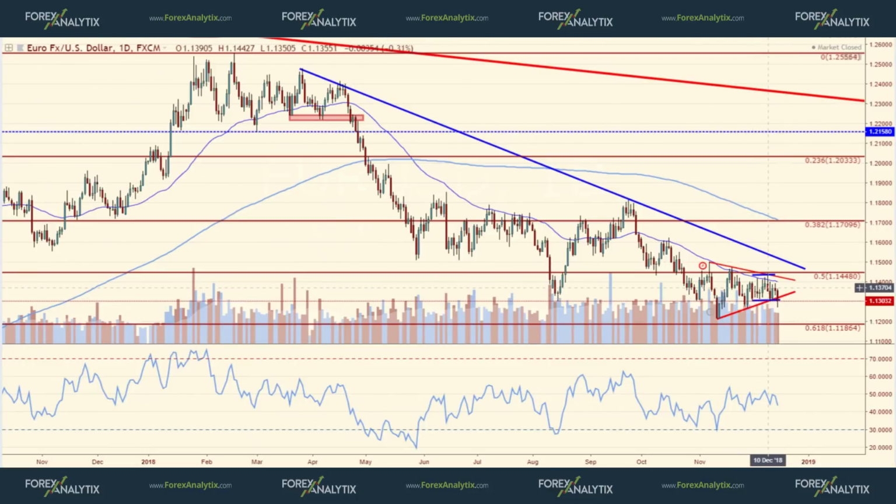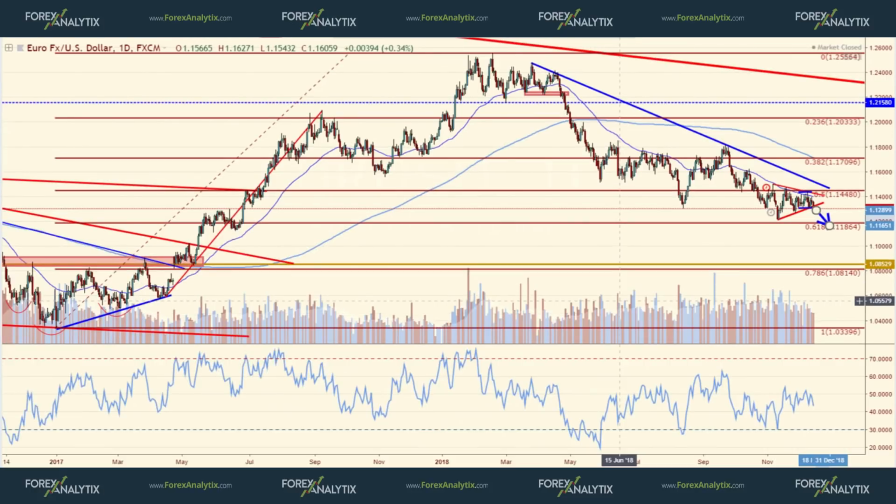But because we consolidated and we're breaking down in the euro dollar, realistically we can believe that this currency pair is probably going to test at least the 618, which is let's just call it 112, and that is the major 618 retracement of the 2016 lows to the highs that were in 2018.